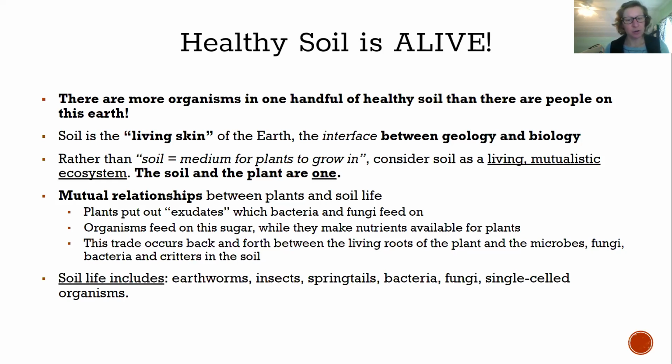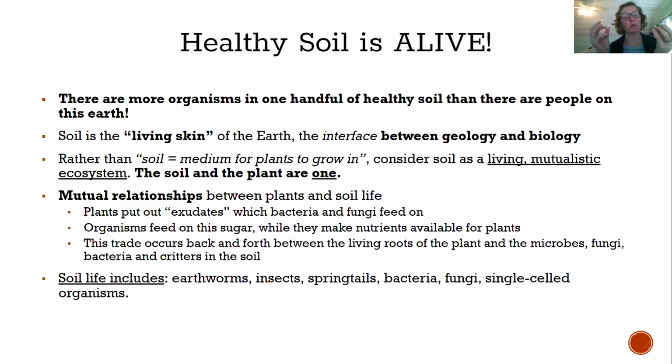So we hear a lot about earthworms and bacteria and fungi primarily as decomposers. But a lot of those, particularly the smaller single and multicellular things like bacteria and fungi, have really important beneficial relationships with our plants and our plant roots. Lots of bacteria and fungi have mutualistic relationships with roots.